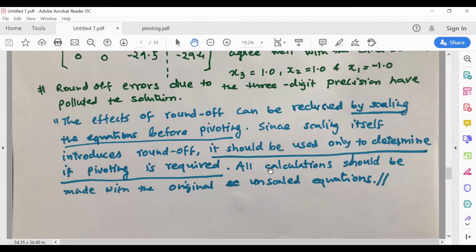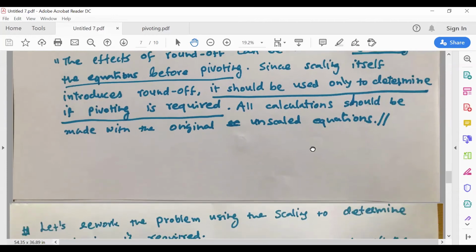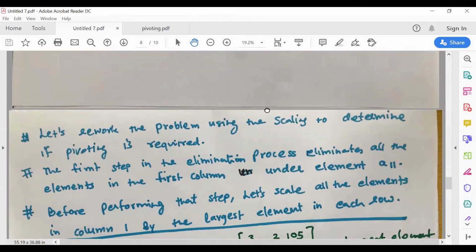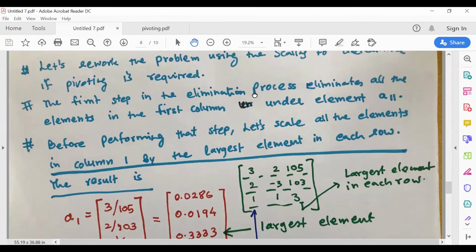So it should be used only to determine if pivoting is required, giving minimum round-off errors. All calculations should be made with the original unscaled equations. So we need to rework this problem.